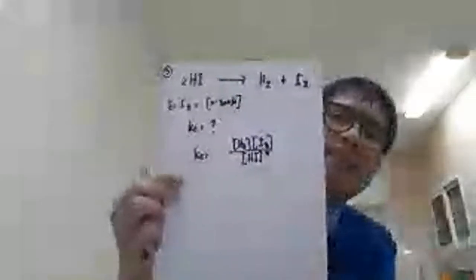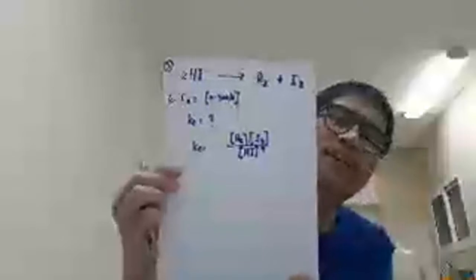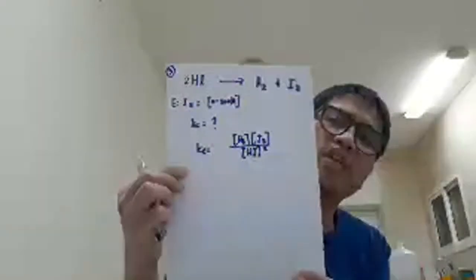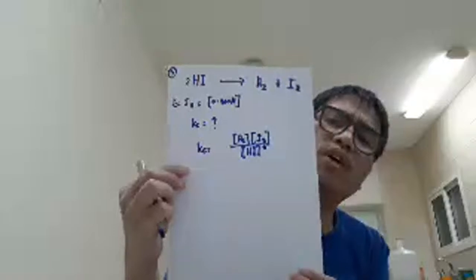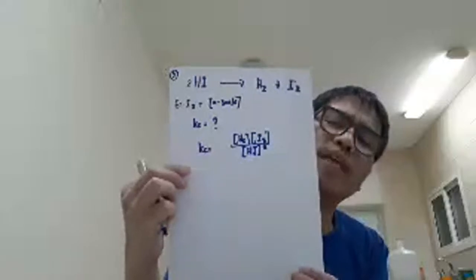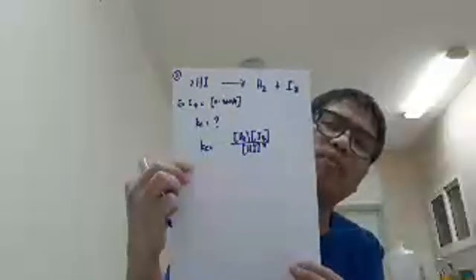So Kc will be the concentration of H2 multiplied by the concentration of I2, over the concentration of HI raised to the power 2, because there is a coefficient. Kc, the equilibrium constant expression, will be equal to the concentration of the products over the concentration of the reactant, raised to the power 2.